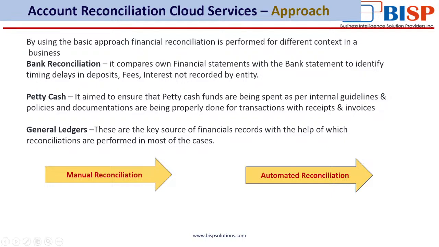The general ledgers are the key source of financial record with the help of which reconciliations are performed in most of the cases. The general ledger here means the comparison of receivables, the vendors or the intercompany transactions. Those data will come from the general ledger. So this analytical or document overview analysis is done for general ledgers.